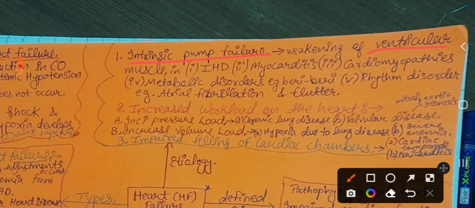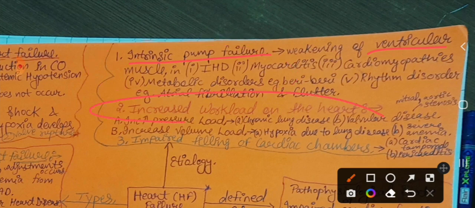So this was the first cause of heart failure, intrinsic pump failure, when the ventricular muscles become weak. The examples are ischemic heart disease, myocarditis, cardiomyopathy, metabolic disorders such as beriberi, and rhythmic disorders like atrial fibrillation and flutter.